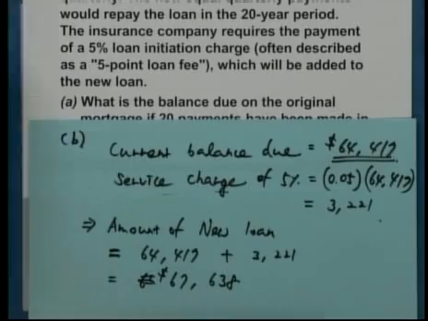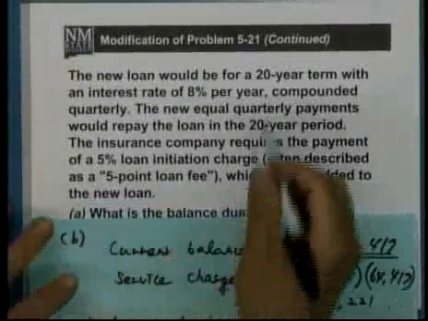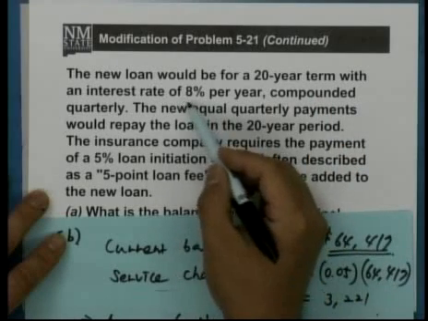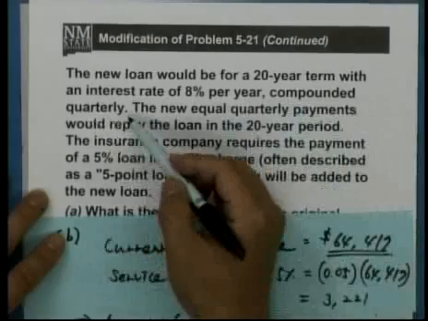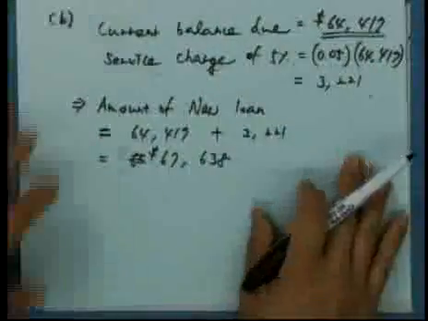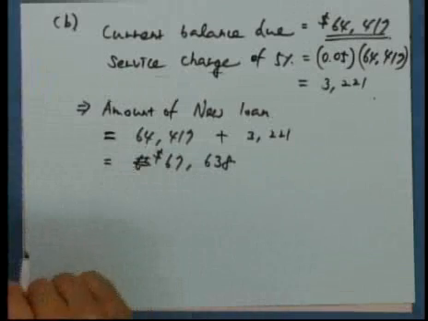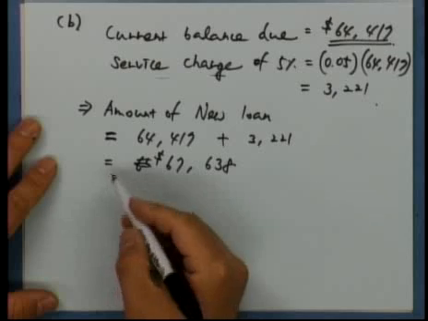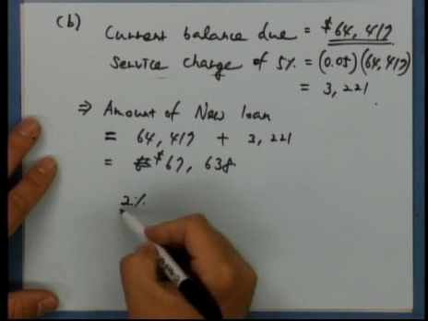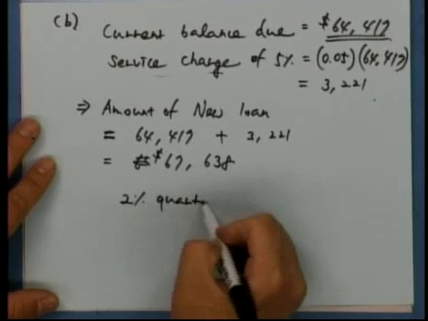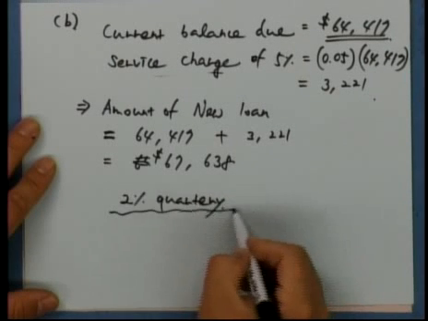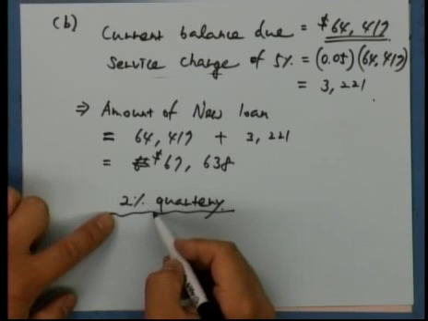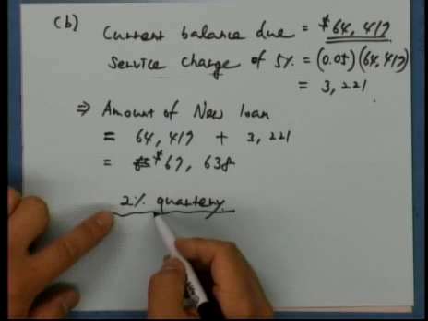And the new loan is for a 20-year term with the interest rate of 8% per year, compounded quarterly. So the interest rate would be 2% quarterly, because 8% divided by 4, because there are 4 quarters in a year, which becomes 2% quarterly interest rate, right?